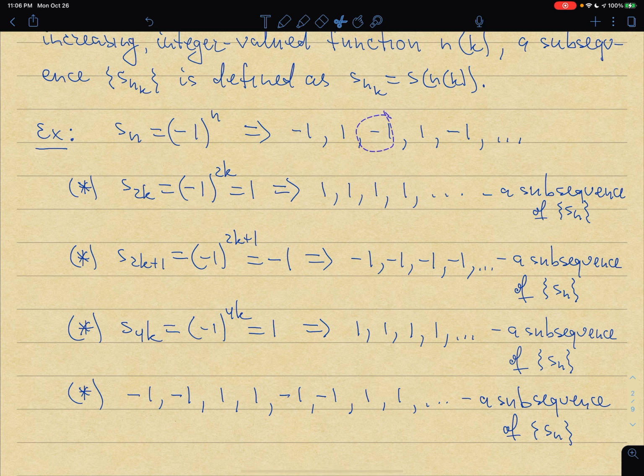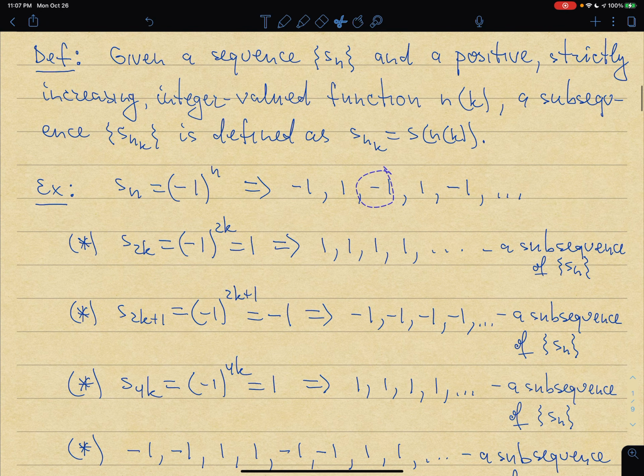As long as I keep going to the right while I'm picking the elements, that will give me a legitimate subsequence. And that is also manifested in the fact that there are infinitely many positive integer valued strictly increasing functions n of k. And to each n of k corresponds a specific subsequence Snk.